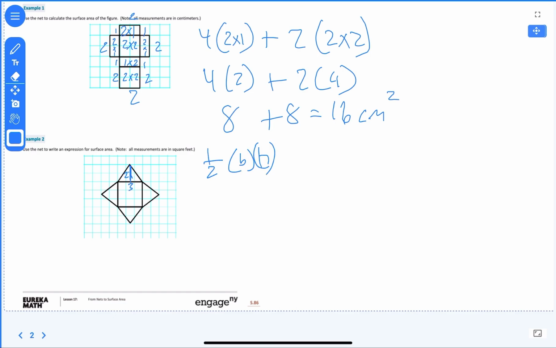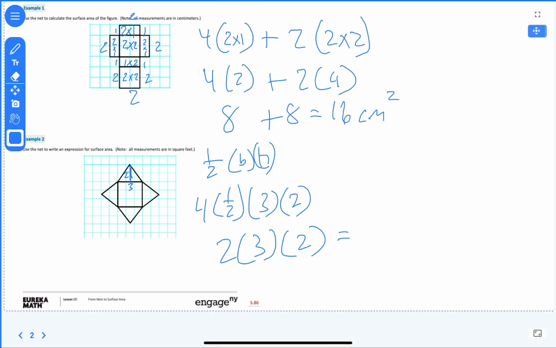How many of those triangles do I have? 4, right? So I can say 4 times 1/2 times 3 times 2, and I would get what? What's half of 4? What's 2 times 3 times 2? So I'm going to have 12 feet squared.